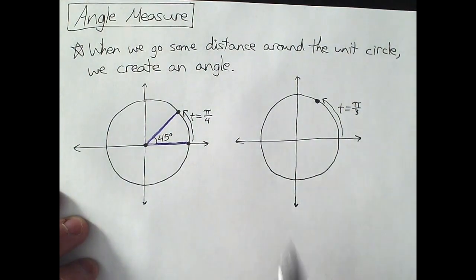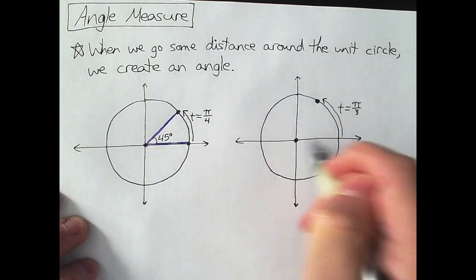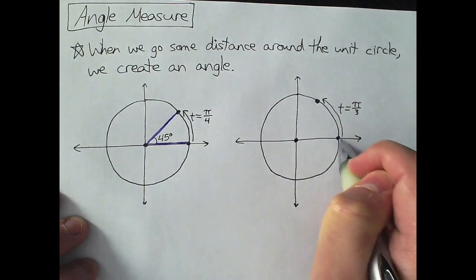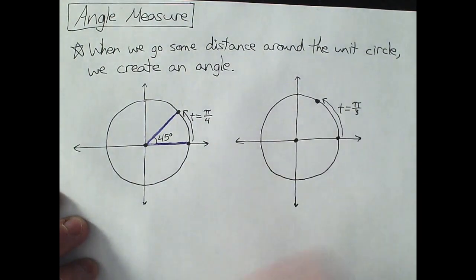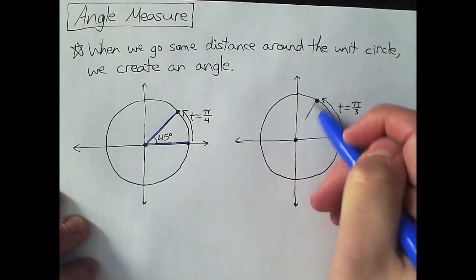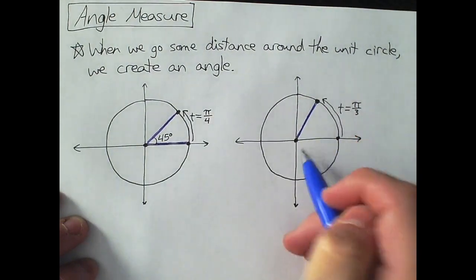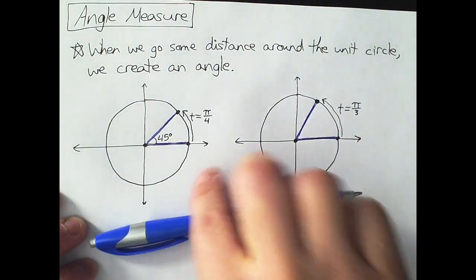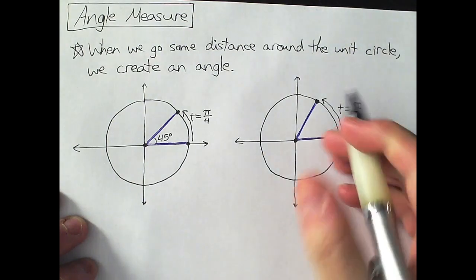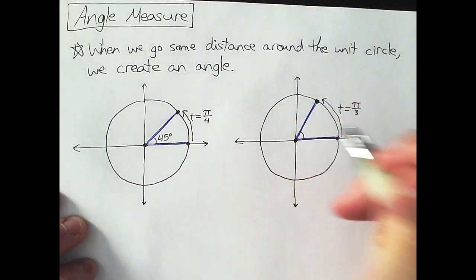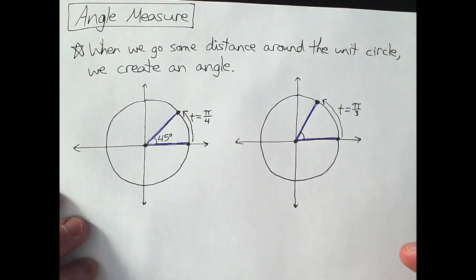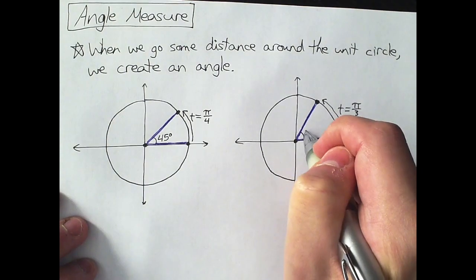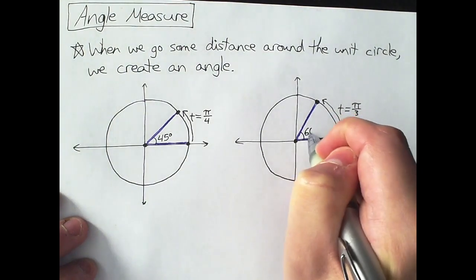And if I do the same thing, if I say, all right, does this create an angle with the starting point, the origin, and the terminal point? It would look like this. We say that this is a larger angle. I mean, it was a larger t value. Larger t value seems like it made a larger angle. And it's going to turn out that we're going to call this 60 degrees.